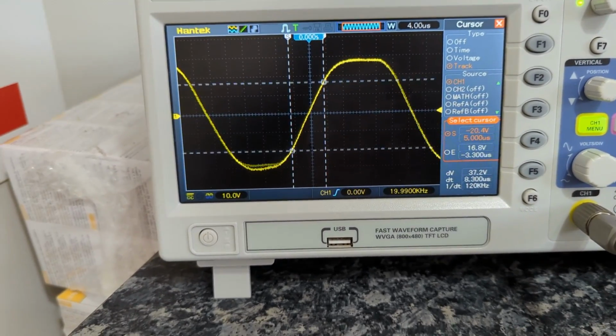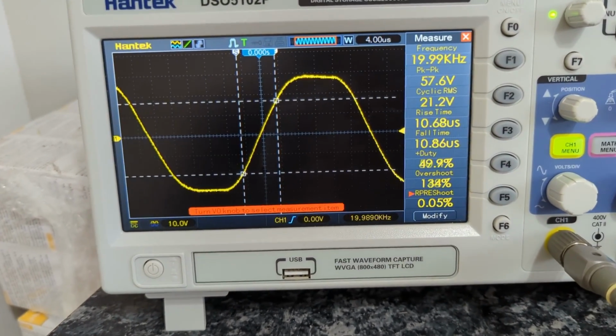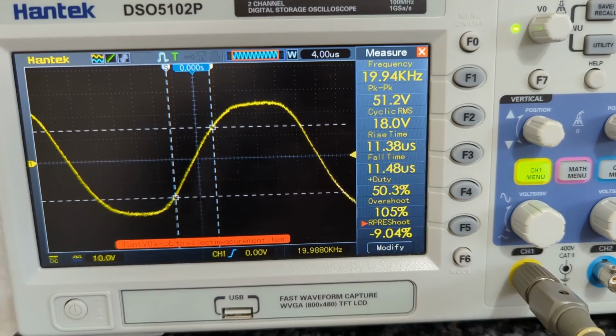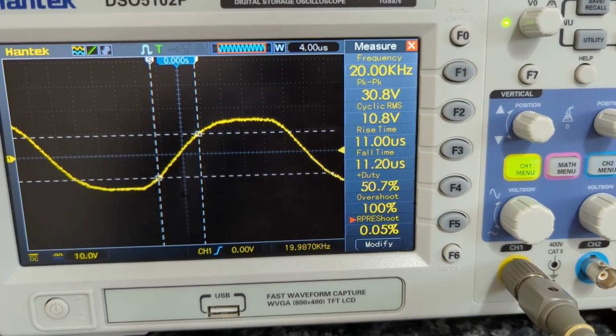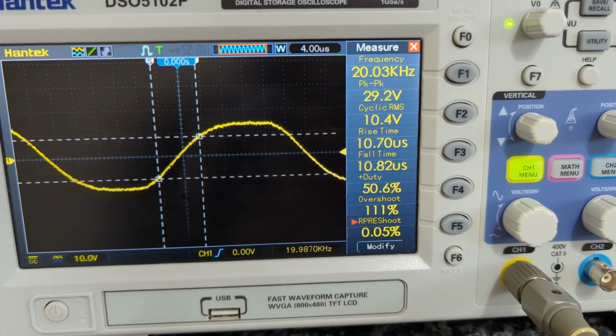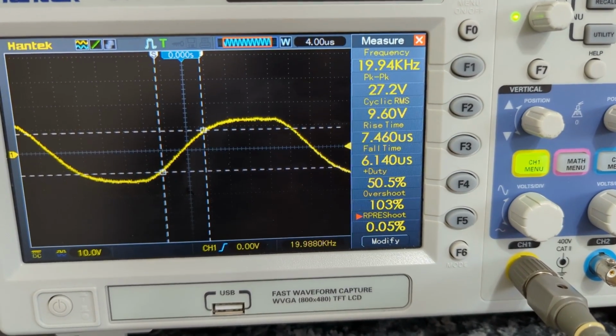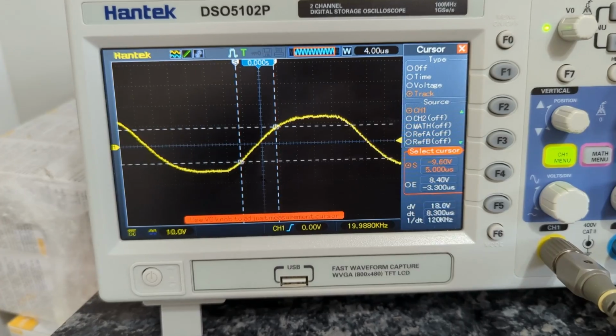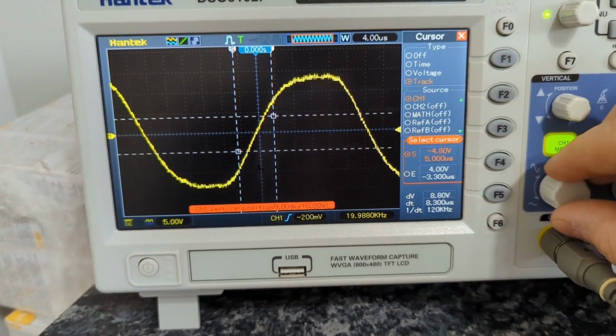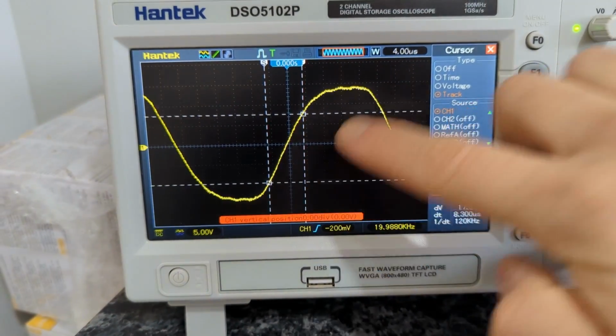So 4.5 volts per microsecond slew rate on maximum output. If we reduce this to our standard 10 volts RMS, you can see that it's going to be very, very low. Okay, 10 volts. We're going to go to cursors again. We can increase this. Oh yeah, this looks fine.